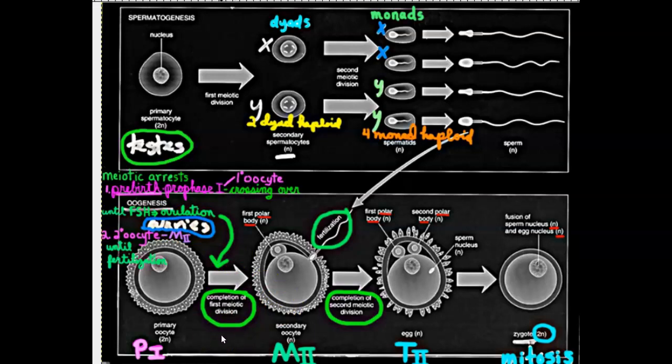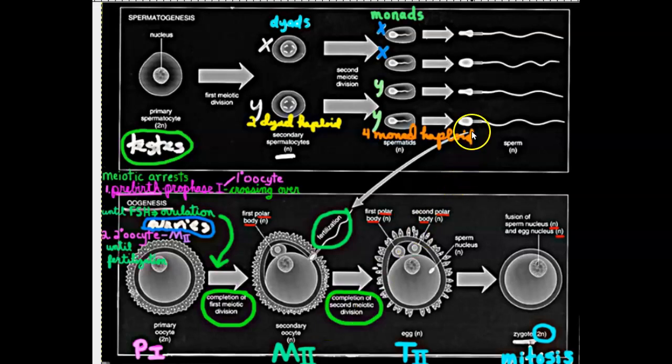That's going to finish our first meiotic arrest and continue on until it gets to metaphase 2, and it's going to stay in metaphase 2. If it does not get fertilized, it will disintegrate. It's called menstruation, during a period.